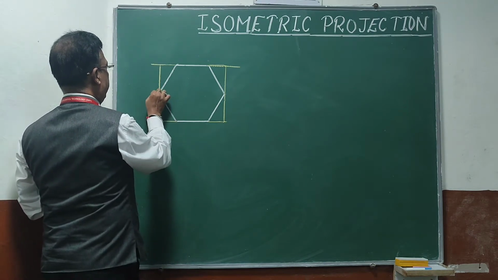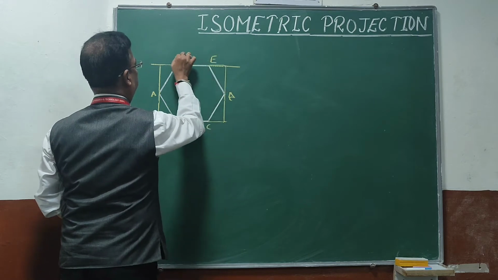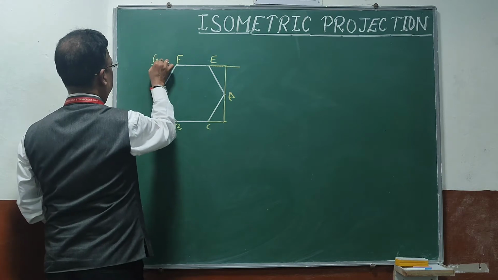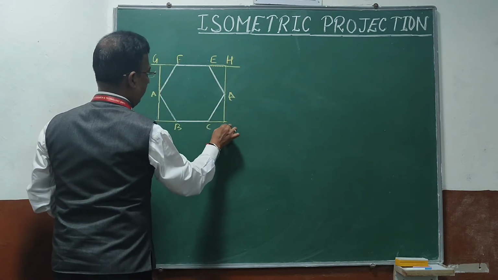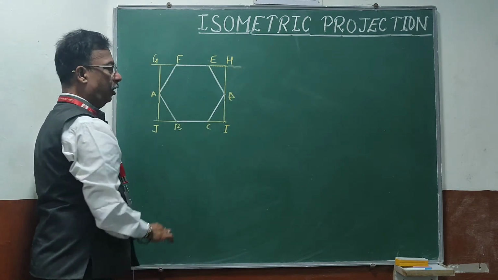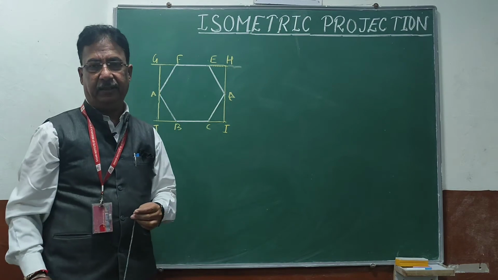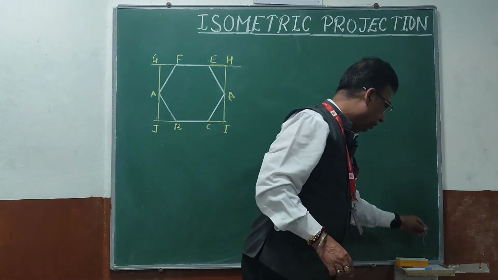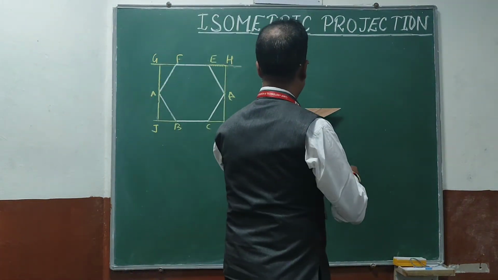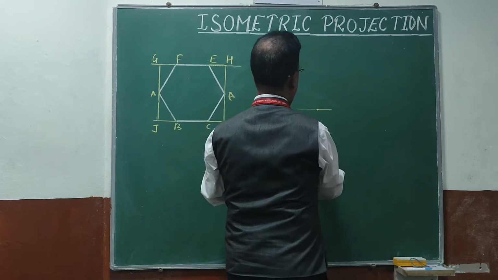Now, the hexagon will be named A, B, C, D, E and F, and it is bounded inside a rectangle that will be G, H, I and J. Initially I will plot the isometric projection of this rectangle, that is G, H, I, J. As I have supposed that this is the top view of the hexagon, for drawing the isometric projection I will use the two axes, 30 and 30.